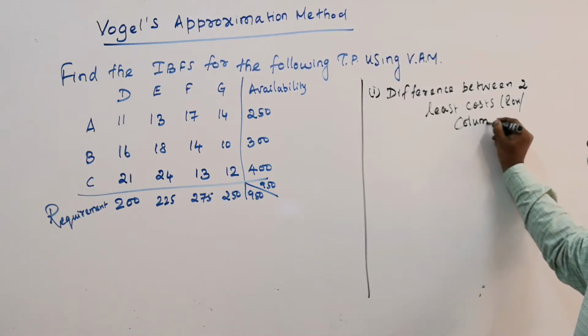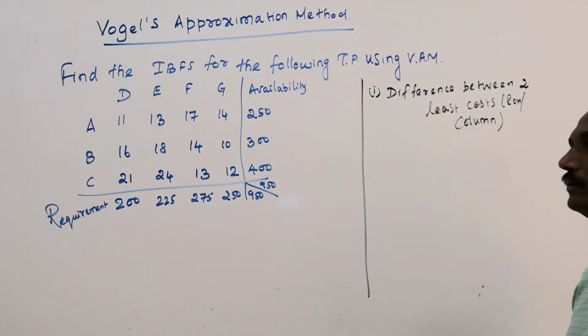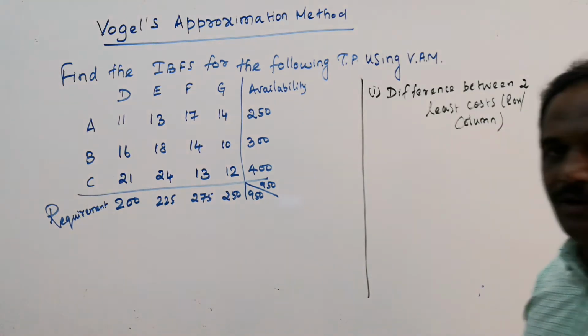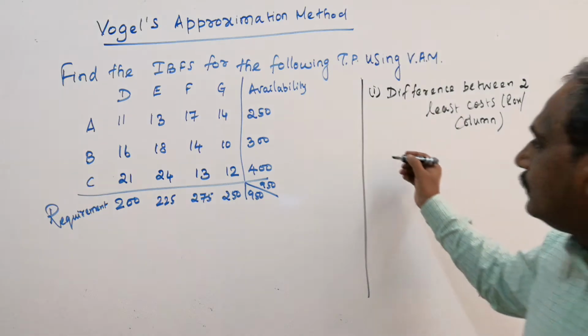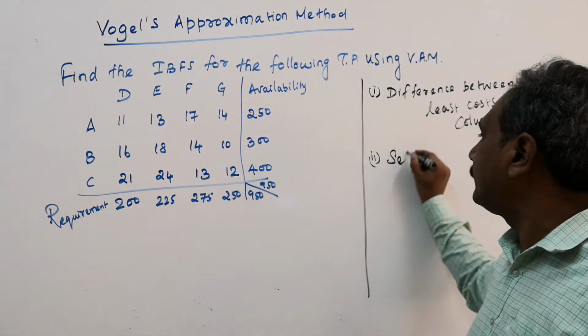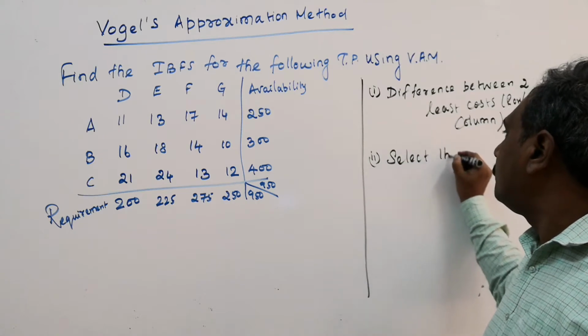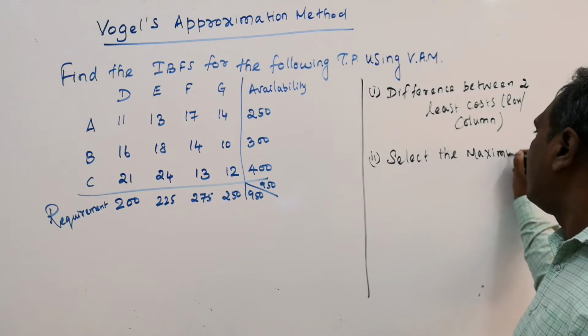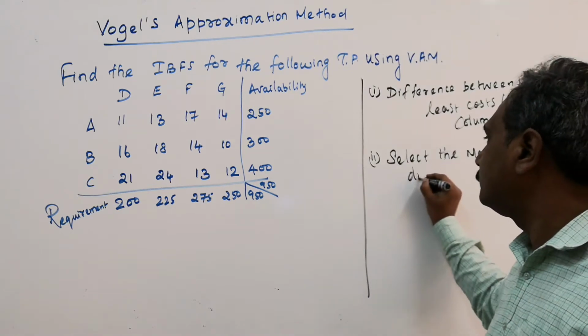I am going to find the difference between the least costs row wise and column wise. Then in step 2, I am going to select the maximum difference.